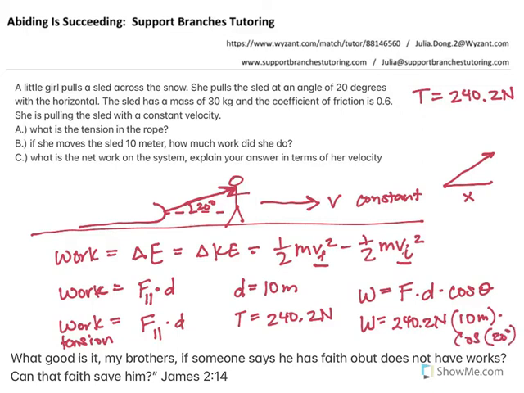So let's go and put that in our calculator. So we've got 240.2 times 10 times the cosine of 20. And so I got a work equal to 2,257.1, and that would be joules or also newton meters.